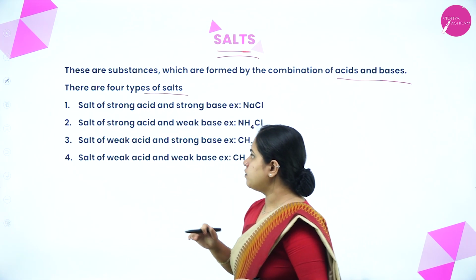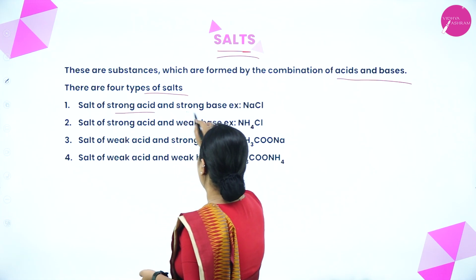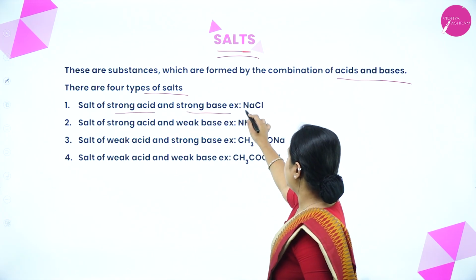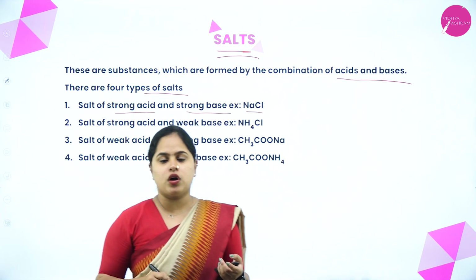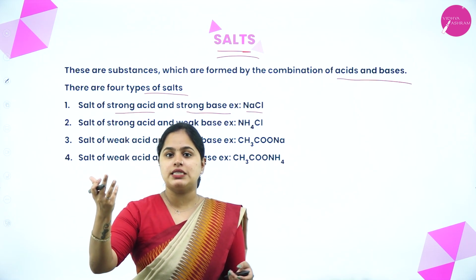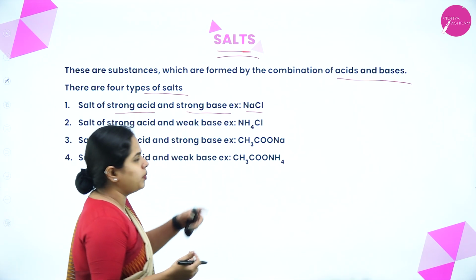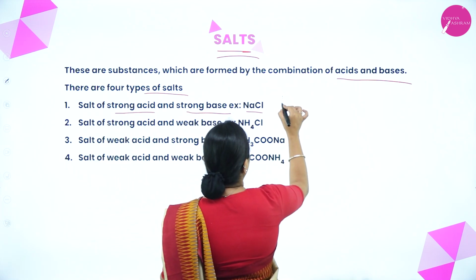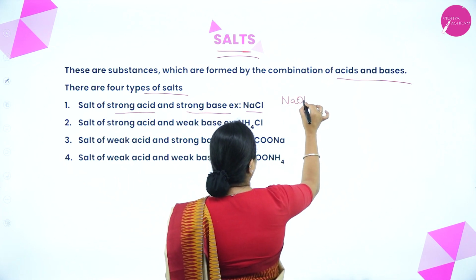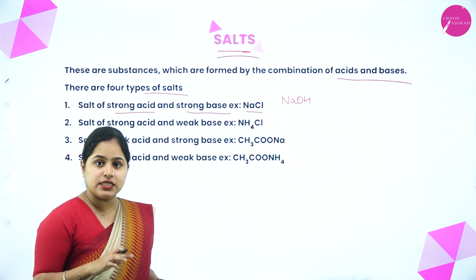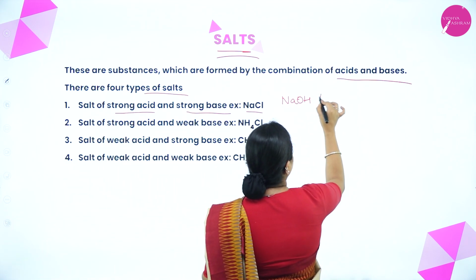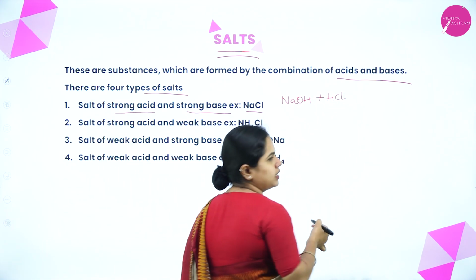A salt which is formed of a strong acid and a strong base, like sodium chloride. So, the strong base here is sodium hydroxide and the strong acid is hydrochloric acid, HCl.